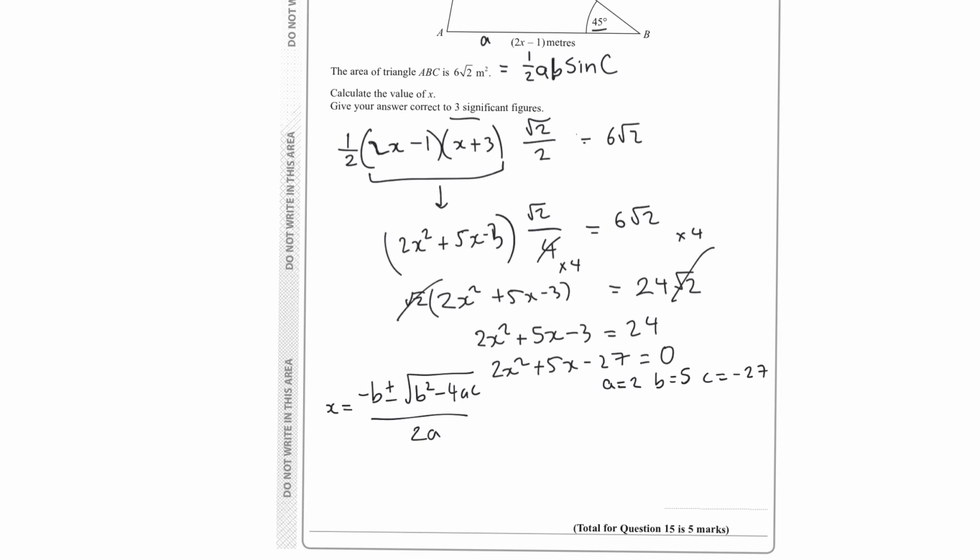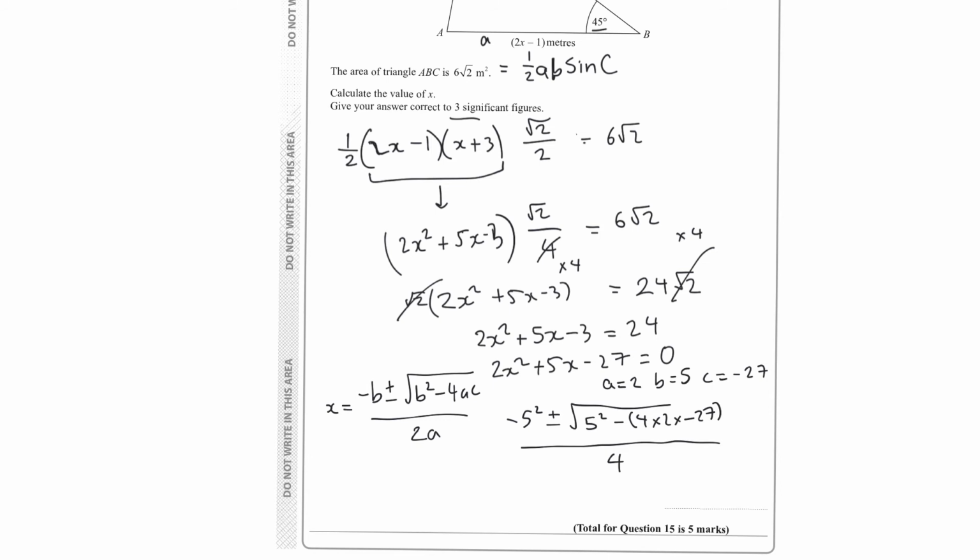Substitute that all in, it would be minus 5 squared plus or minus root 5 squared minus 4 times 2 times minus 27, over 4.